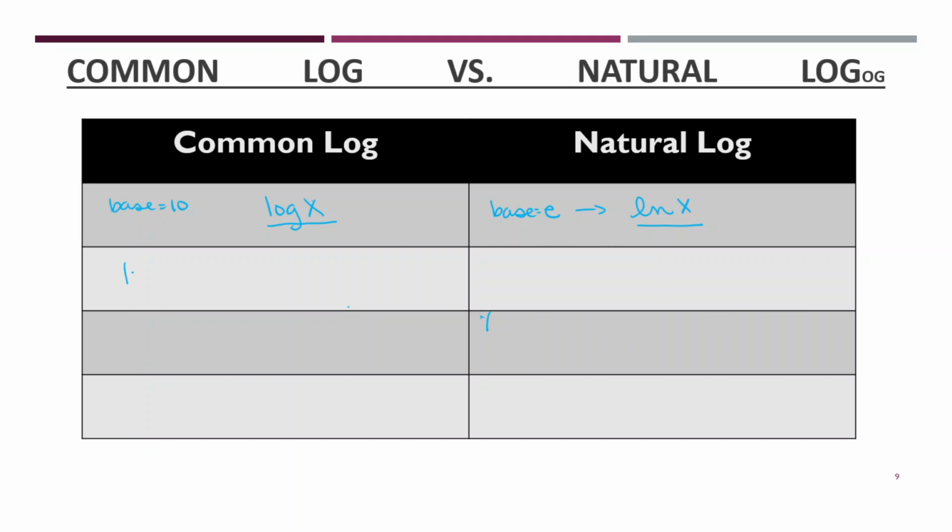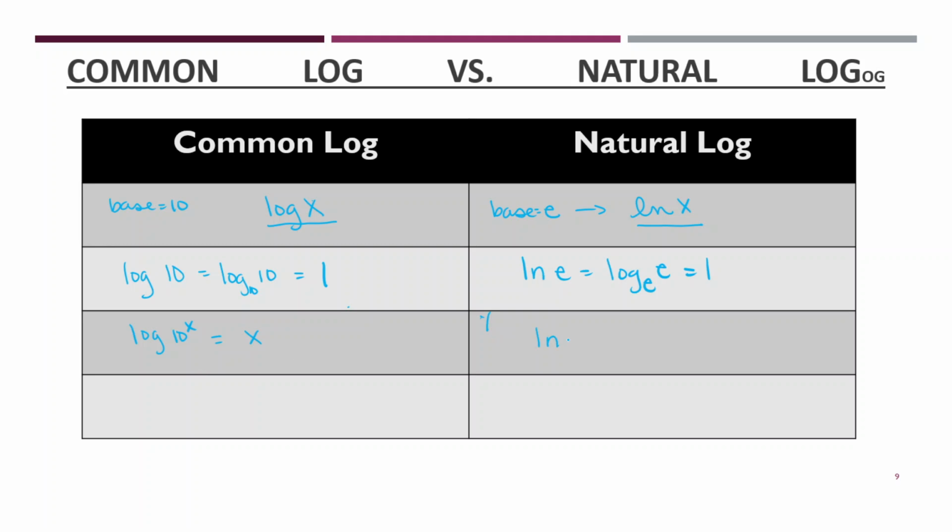Now, a couple of rules to note. If I take log of 10, since those bases match, it will output 1. If I do natural log of e, since that means the base and the value match, it will output 1. In fact, if I put any power of 10 inside here, this will just equal the exponent.